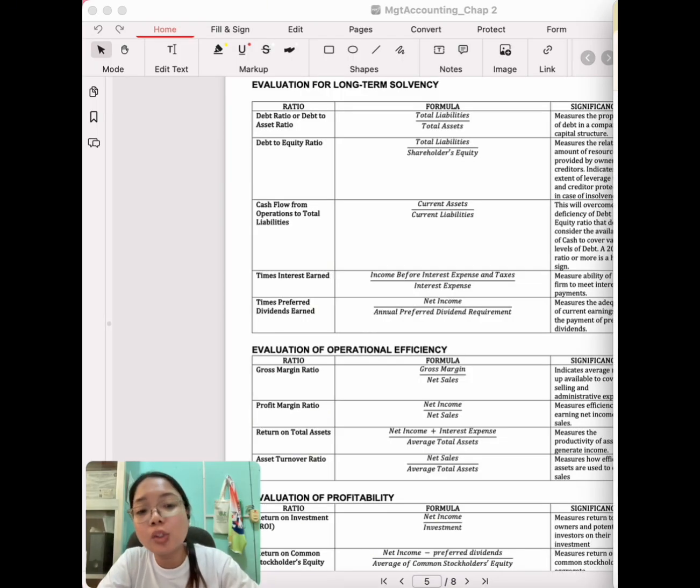So, ang debt ratio, it measures the proportion of debt in the company's capital structure. For example, if ang total liabilities ng company ay 4 million pesos and yung total assets niya ay 10 million pesos. So, 4 million divided by 10 million, that's equal to 40%. This means yung 40% na yon of the company's assets are financed by liabilities.